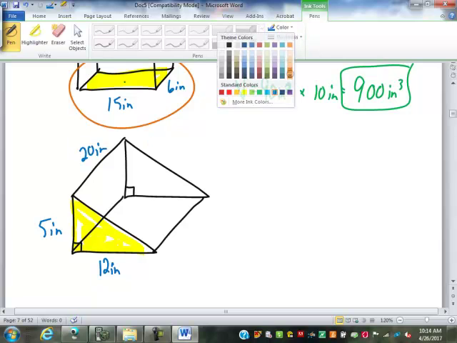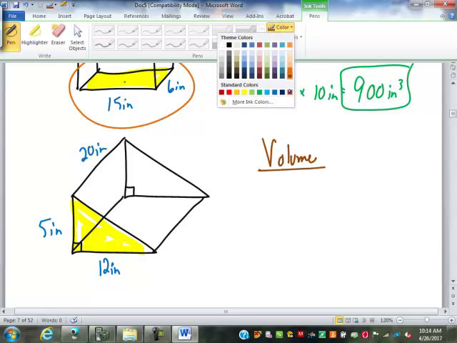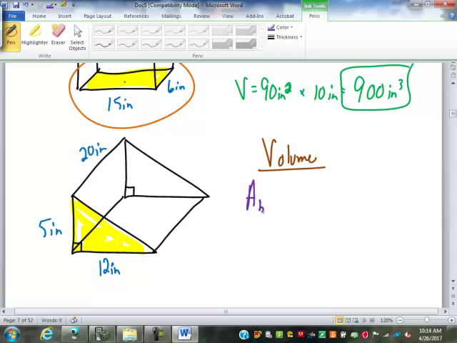So to find the volume here, I start out by finding the area of the base. Now this base is a triangle. So it's base times height divided by 2. Or sometimes 1/2 times base times height, which is going to be 30 inches squared.